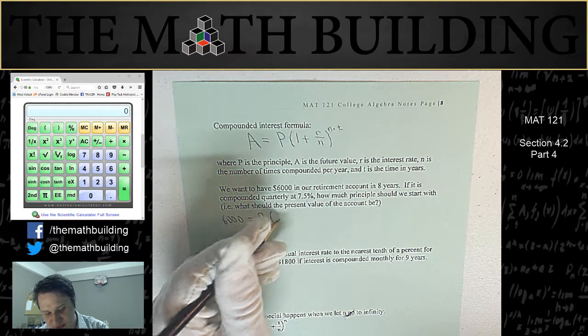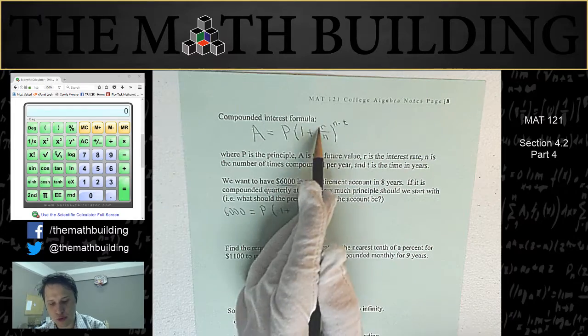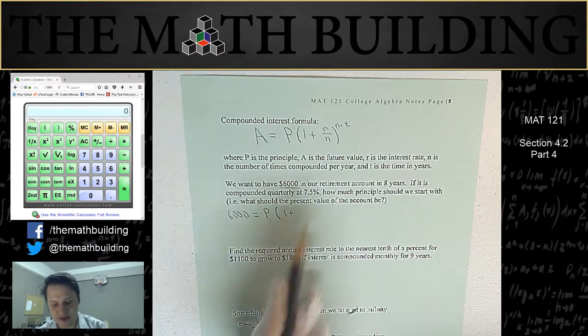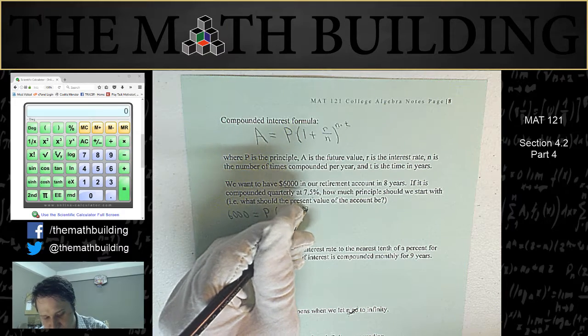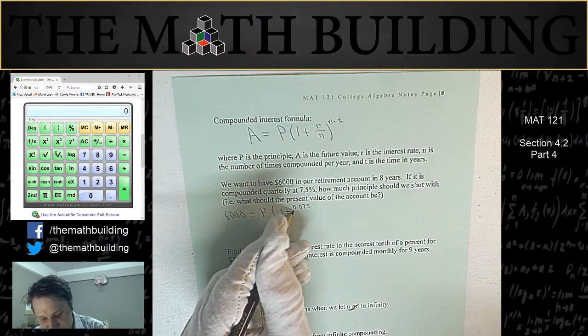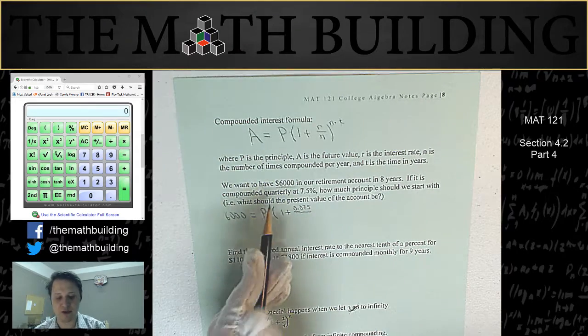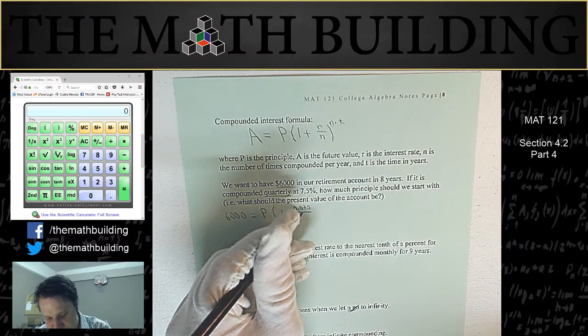Let's plug in the rest of the numbers. It's always 1 plus. Now, our interest rate should always be a decimal. And so you see that we have 7.5%. So that's 0.075, because 7.5% as a decimal is 0.075. That's divided by the number of times we compound per year. And we see that we're doing it quarterly, so that means a 4.